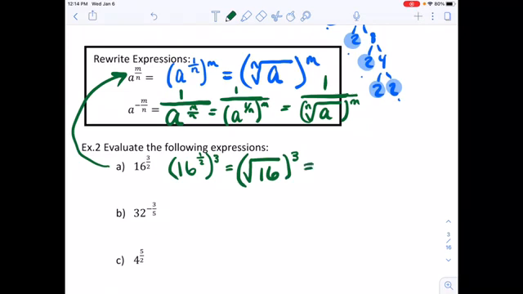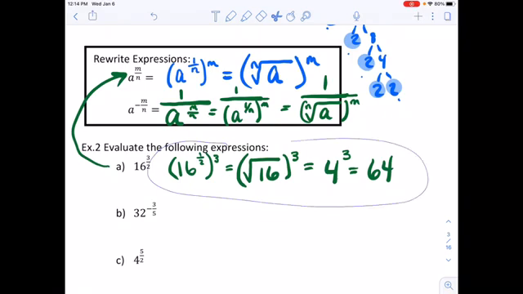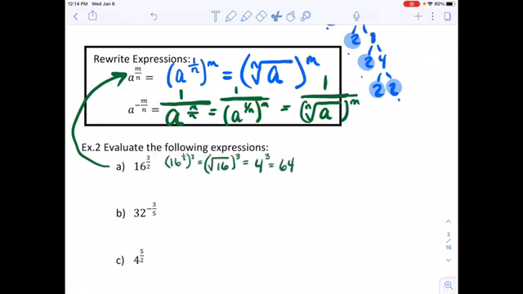Then you take the square root of 16 inside the parentheses and you get 4 to the 3rd power. And when you take 4 times 4 times 4, you end up getting 64. So that is following the rewriting expressions model above.